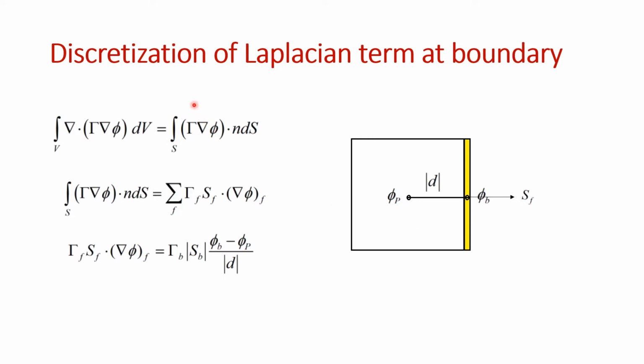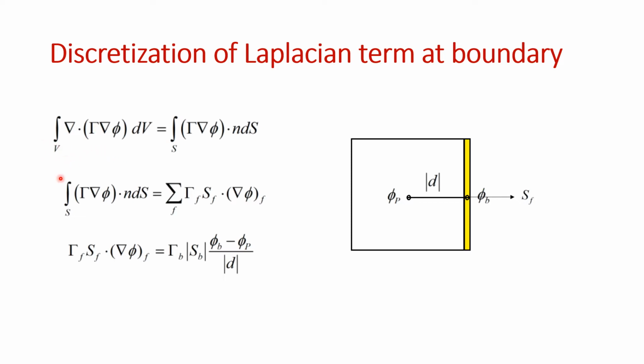Now let us see the discretization. This is the term: integral over the volume of divergence of gamma grad phi. Gamma is the diffusion coefficient, and this is the Laplacian term.